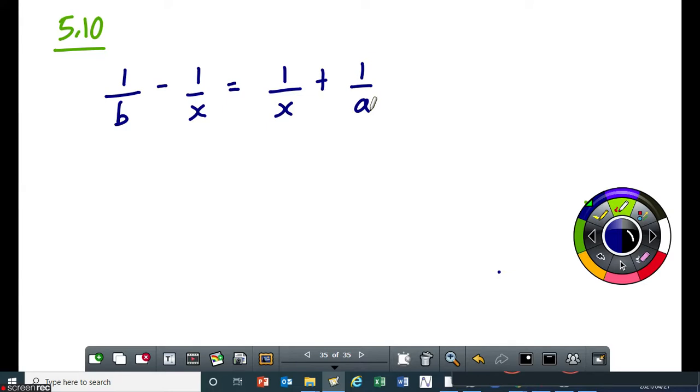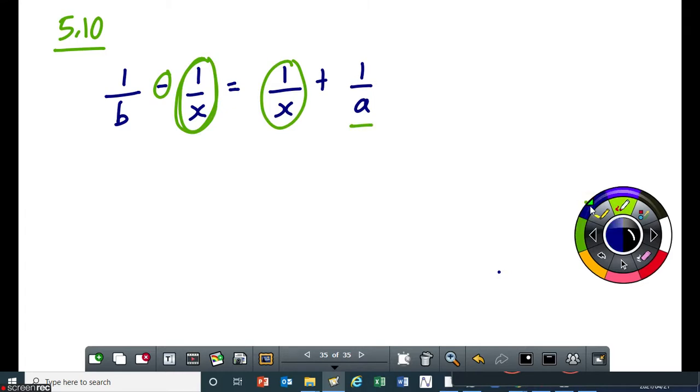Now this question here, I can do it in many ways. For now, I've seen that I've got this 1 over x and that 1 over x, but this 1 over x is negative, so I can take it to the right. That's what I'm going to do. Then I'll take this 1 over a to the left.